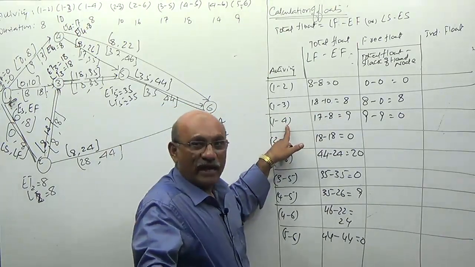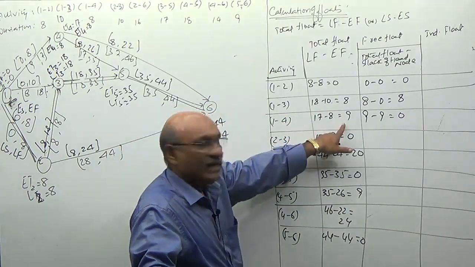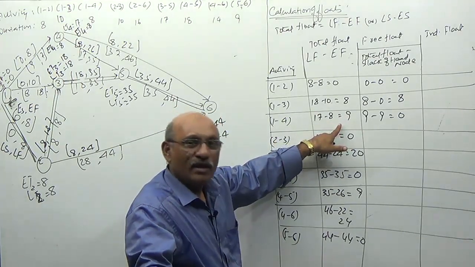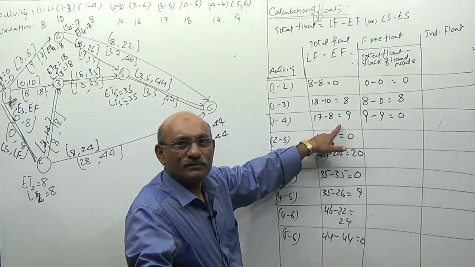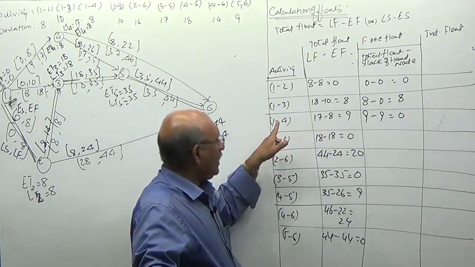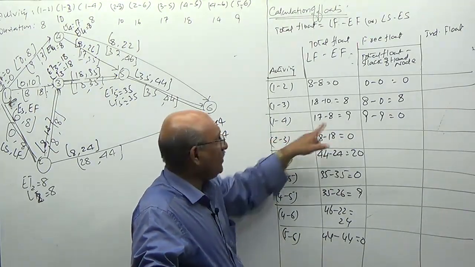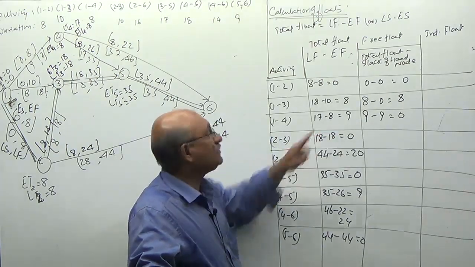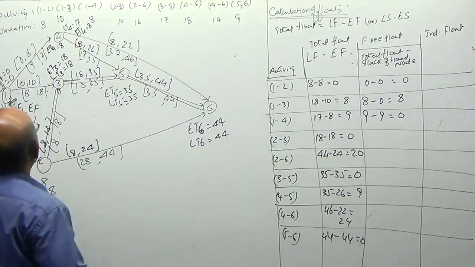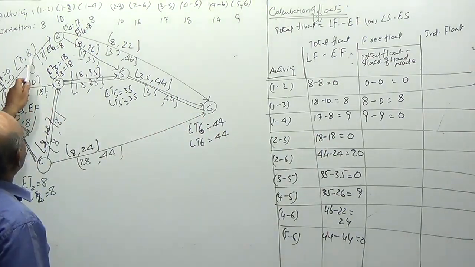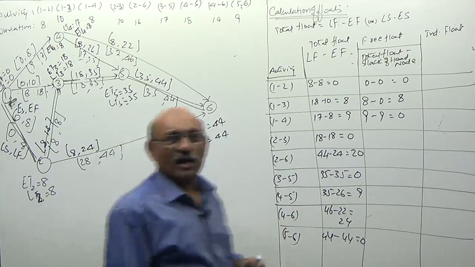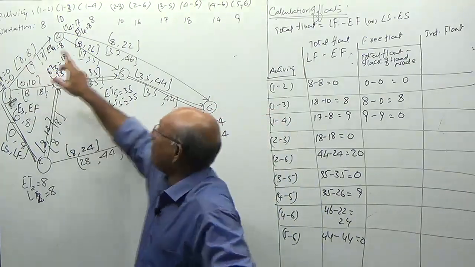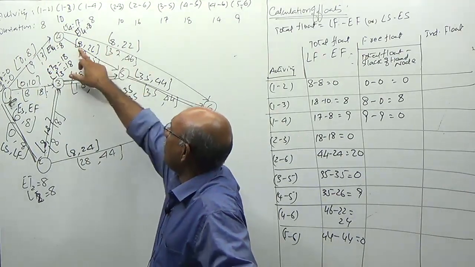Even though activity 1-4 has 9 days of free time, it cannot use even a single day for itself. Look at this, sir. You are completing this activity 1-4 on the 8th day, and when I am starting the next activity, I am starting on the 8th day only.